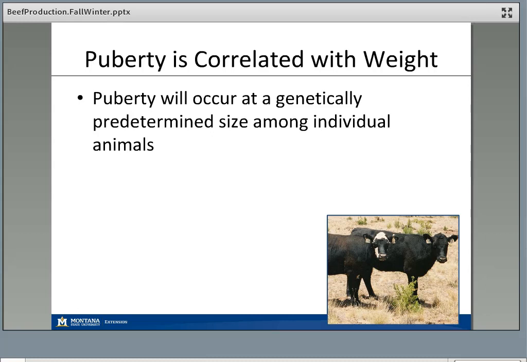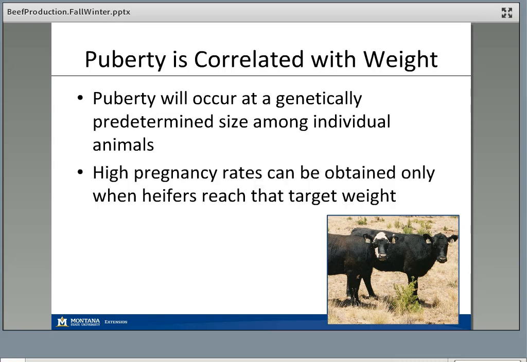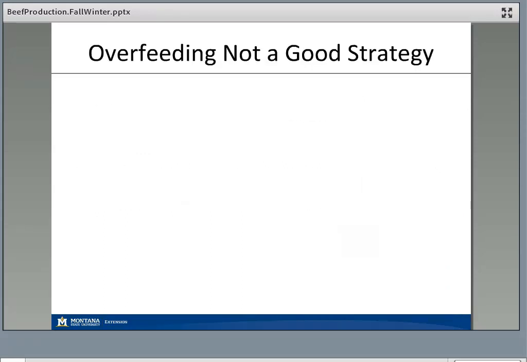Okay? Because it's costly. Fat heifers have weaker estrus symptoms and reduced conception rates compared to heifers in moderate condition. We also have higher embryonic mortality in fat heifers as well. And while they're being fat, they're depositing a lot of fat in that udder, as we can have decreased mammary development as well.